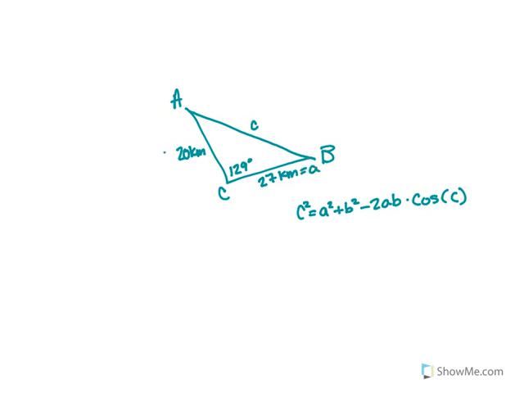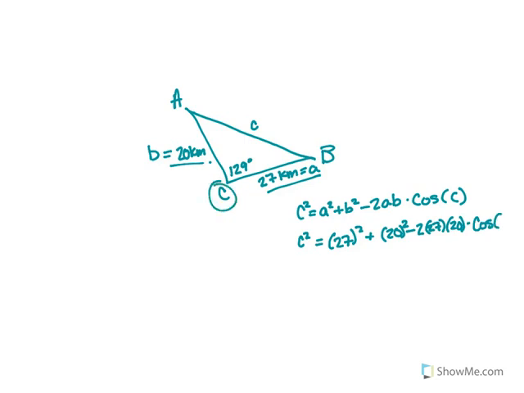So this was actually side A, and this was side B. So you should have had C squared equals A squared, which is this side, so 27 squared, plus B squared, which is this side, so 20 squared, minus 2 times A, which is 27, times B, which is 20, times the cosine, and remember the cosine is of an angle, so it's angle C, which is 129 degrees. It's always the angle across from the side you're trying to find.